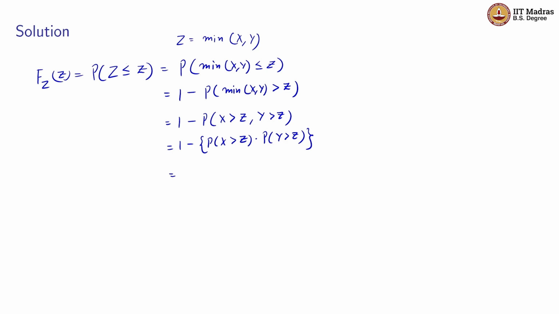And these probabilities can be written as 1 minus CDF of X and 1 minus CDF of Y. So this will be equal to 1 minus, and inside the bracket we'll have 1 minus CDF of X into 1 minus CDF of Y. On further simplification, inside the bracket we'll have 1 minus CDF of X minus CDF of Y plus the product of CDF of X and CDF of Y.